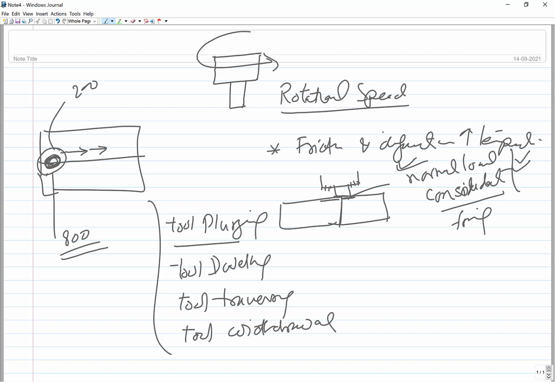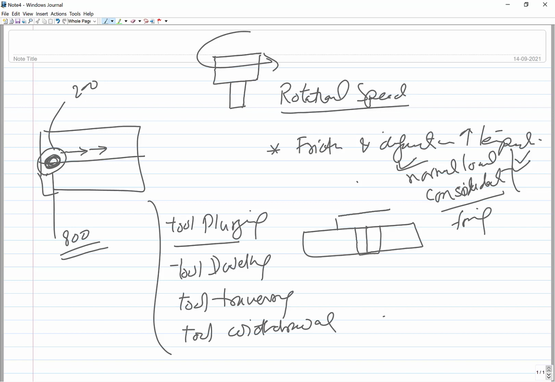So once the tool pin has been plunged completely, we make another diagram. Once the tool pin has been plunged completely at the weld line, it will keep on generating the heat. This is a shoulder. So the shoulder and the pin.